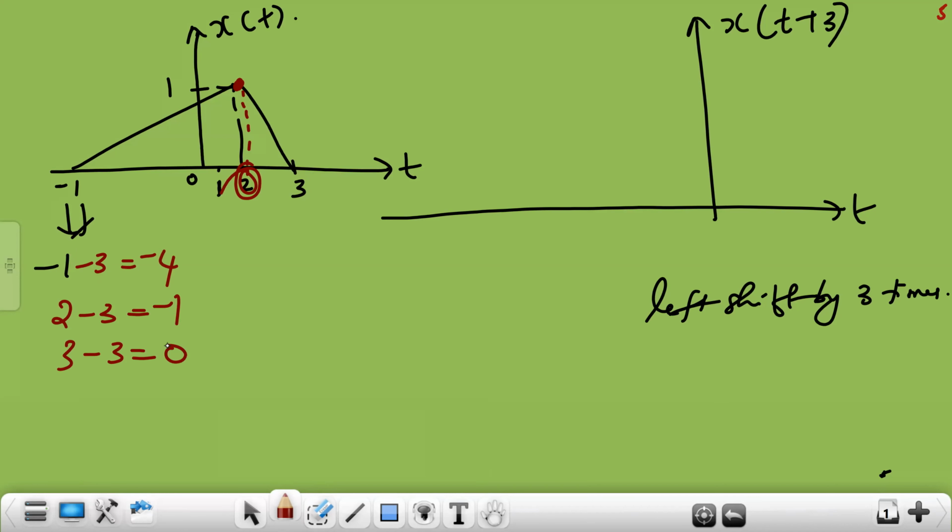When you shift these points, this 3, this 2, 1, 0, minus 1 and all, towards left, you need to subtract 3. So the entire signal will now be confined from minus 4 to 0, retaining the same shape and same amplitude.